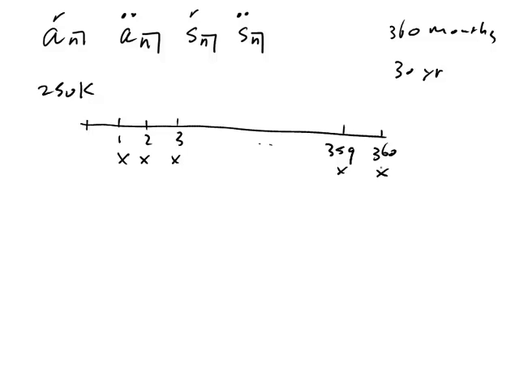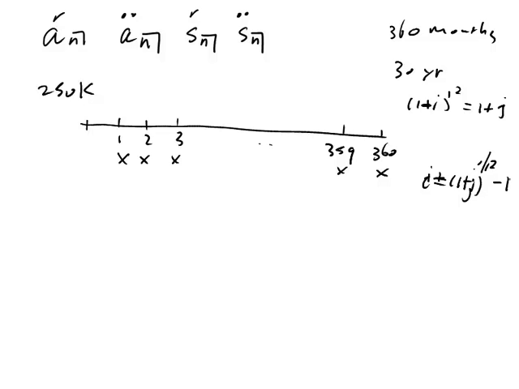Suppose your annual interest rate is J. So your monthly interest rate I satisfies (1 plus I) to the 12th power equals 1 plus J. So I equals (1 plus J) to the 1/12 power minus 1.